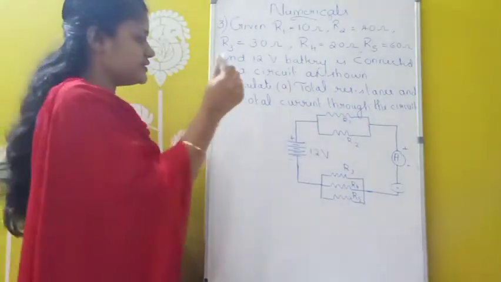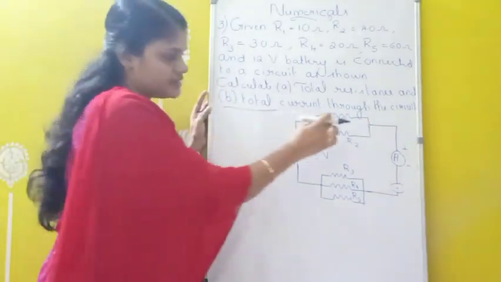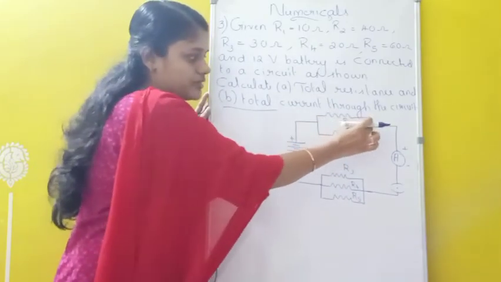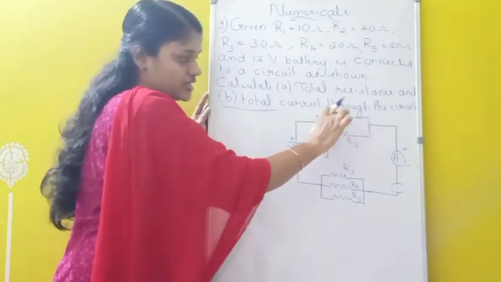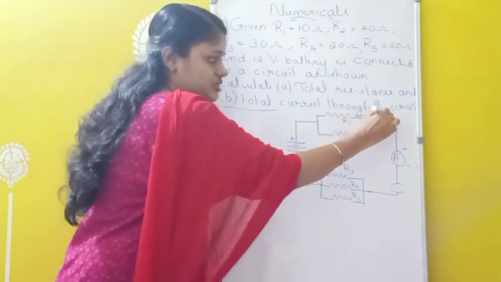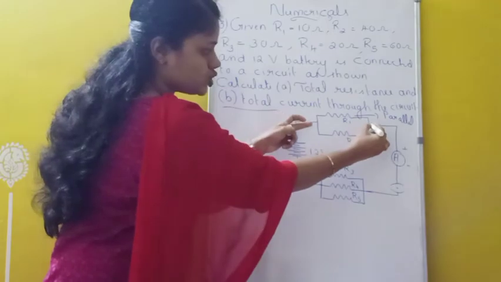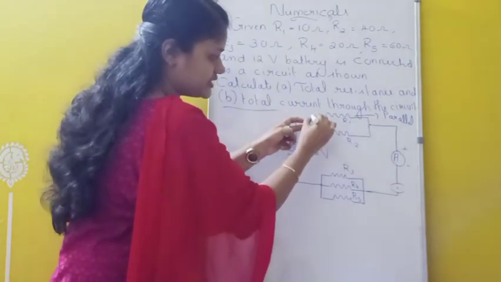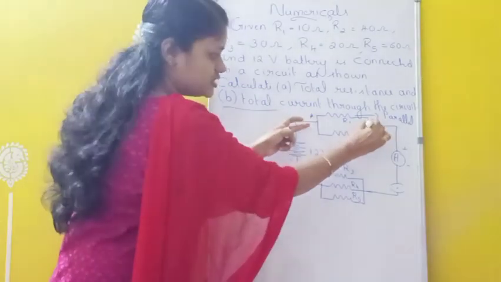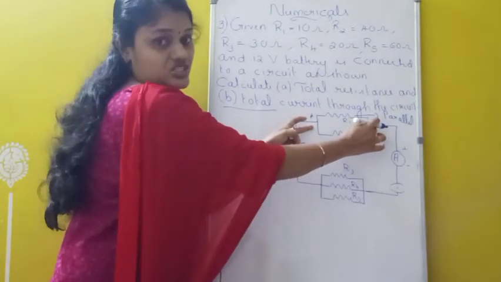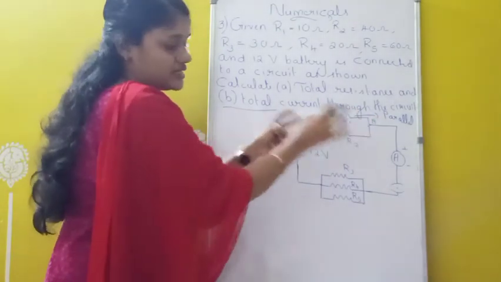See here, we can see that R1 and R2 are connected between two common terminals. That means these two are in parallel combination. Whenever two or more resistors are connected between two common terminals, suppose I am taking A and B as the two common terminals, and these two resistors are connected in between them, then they are in parallel.